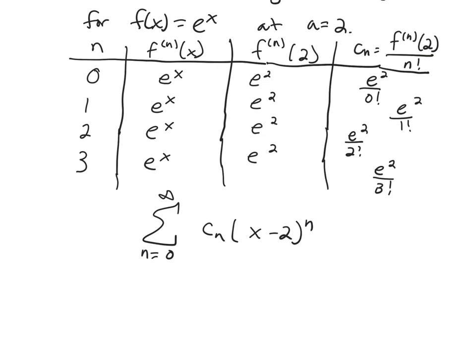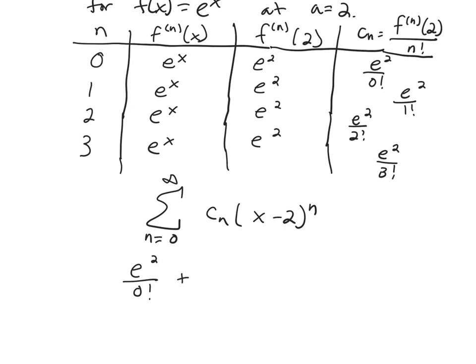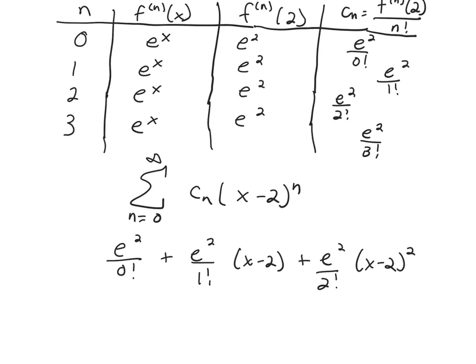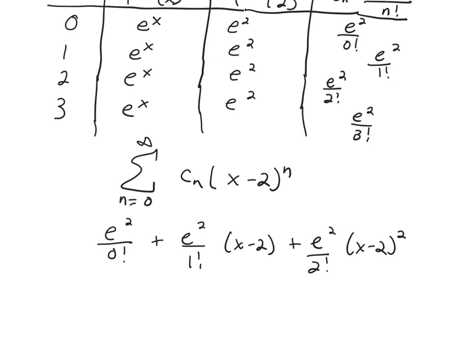And you start writing out terms and trying to notice a pattern. Let's start with our constant term, e squared over 0 factorial, then e squared over 1 factorial times x minus 2, e squared over 2 factorial times x minus 2 squared, then it would keep going.